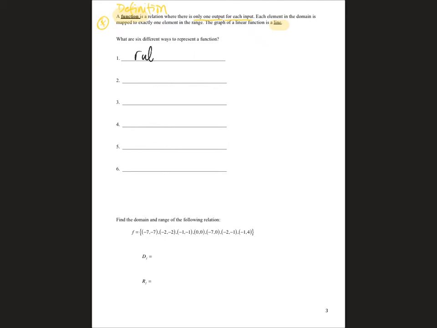A rule, whether it's in words or an equation. Well, actually, a rule would be an equation. So let's go ahead and separate that. Words, a description. We had a t-table, just a table of values. What other ways can we represent a function, or a relation for that matter?